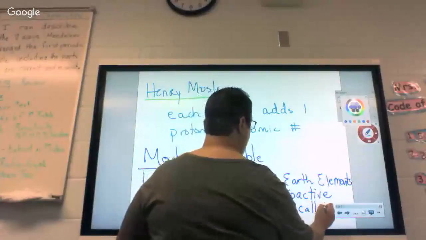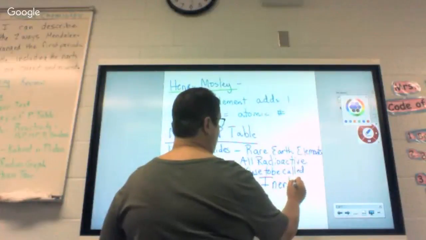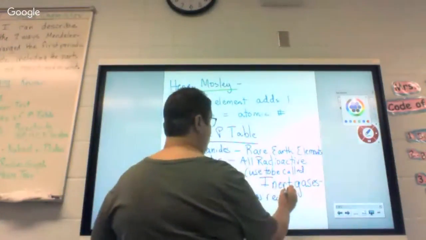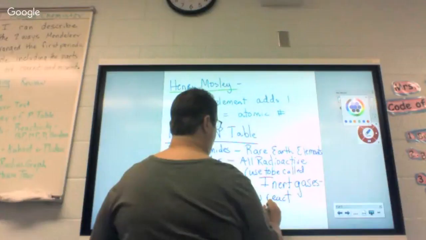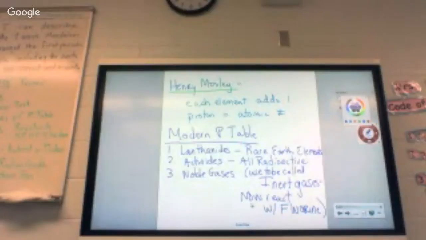Noble gases, inert gases. They now react with other elements, because they've gotten krypton and xenon to react with fluorine, that changes things.